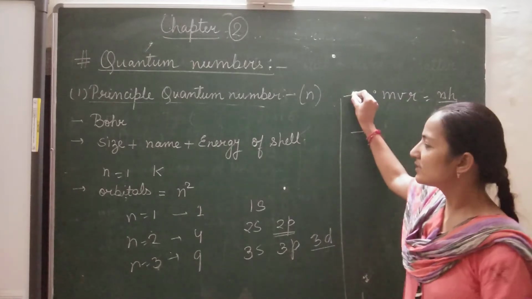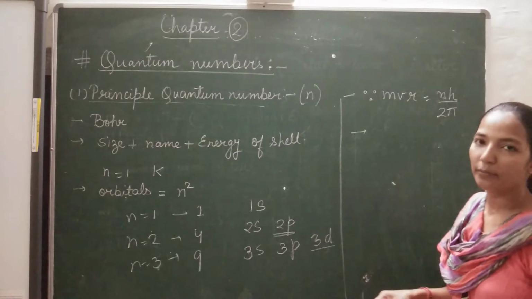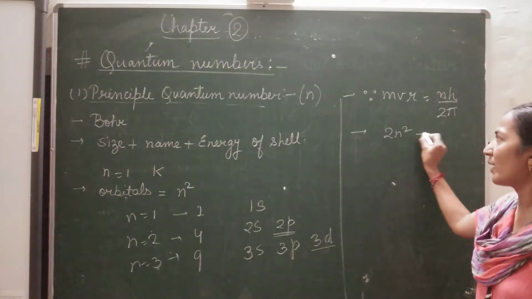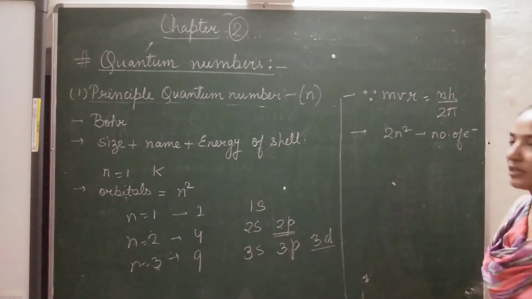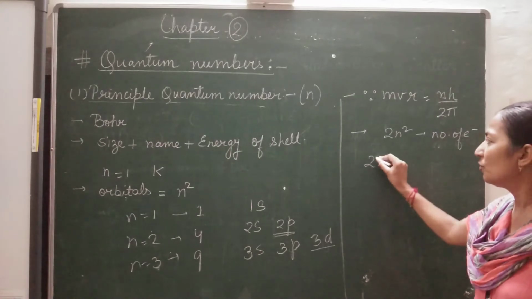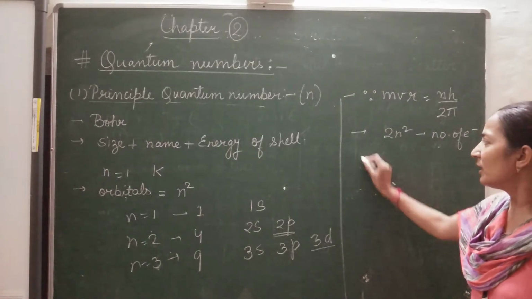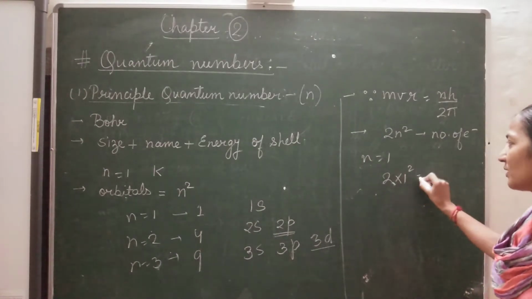Next, one more thing is there. To calculate the number of electrons in a particular orbit, we can also use the formula, that is 2n square. This formula is to calculate the number of electrons in a shell. For example, for n equals 1, the number of electrons will be 2 into 1 square, which is 2.